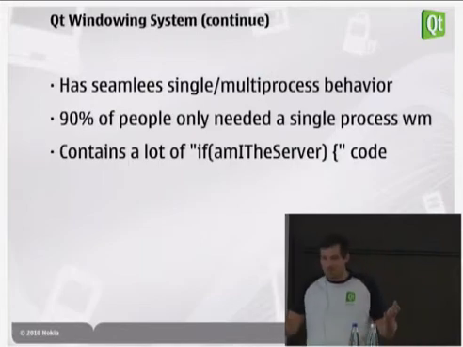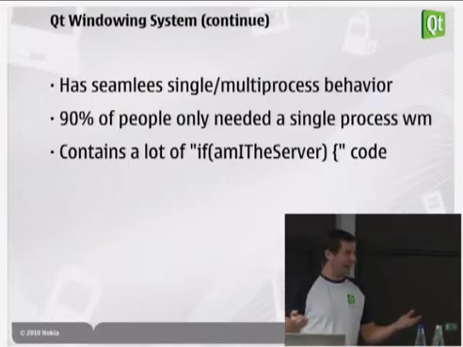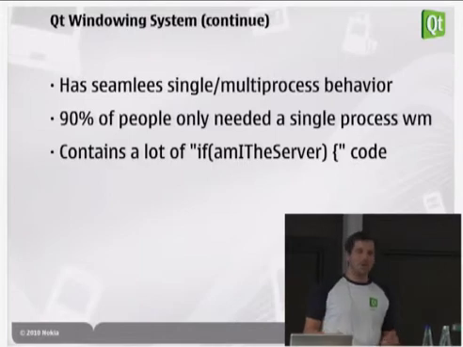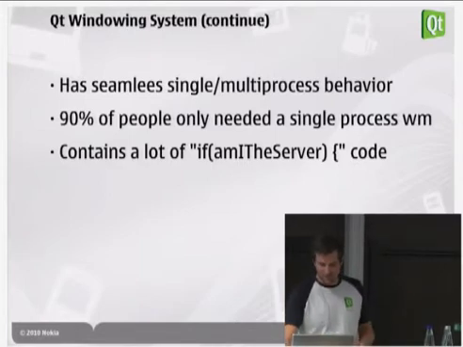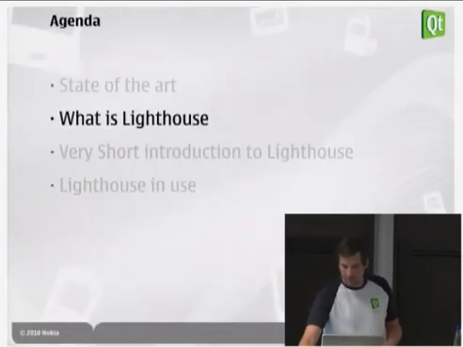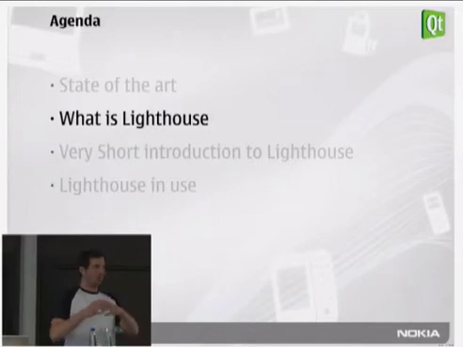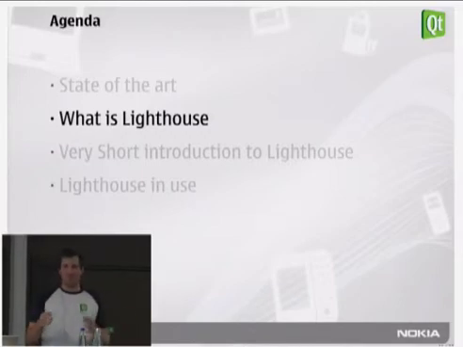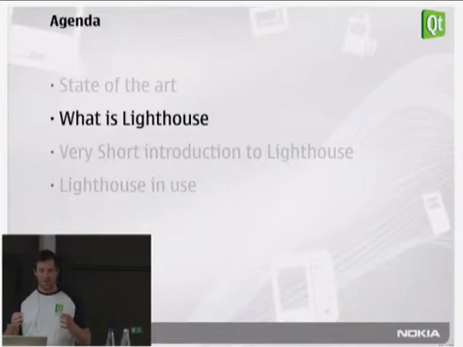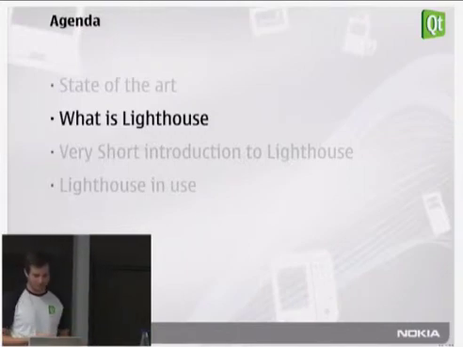But then we ended up with an anti-pattern, right? We ended up with, if I'm the server, do this, or else, if I'm not the server, then do that. So that's how I see the embedded Qt world for Linux outside Lighthouse.